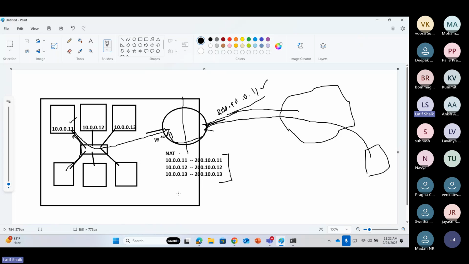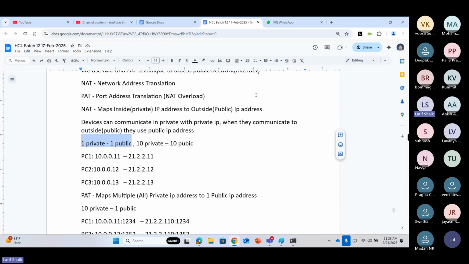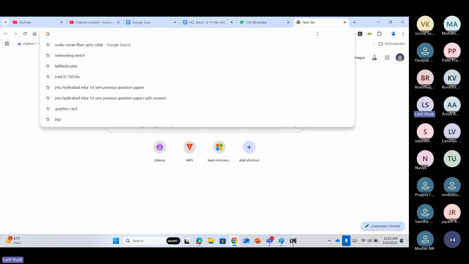You have to register which public range you want to use and for what purpose, and how many public IP addresses you require. You have to give an application to the IANA regional center.